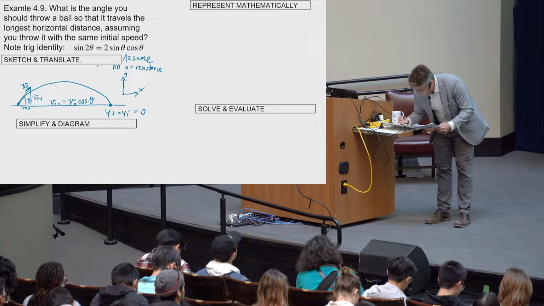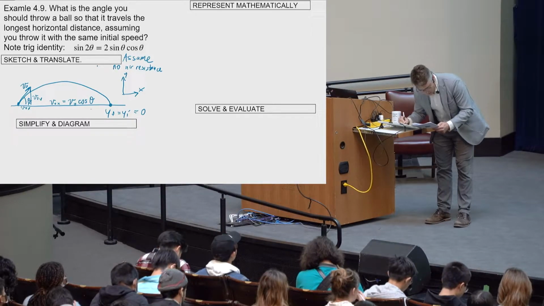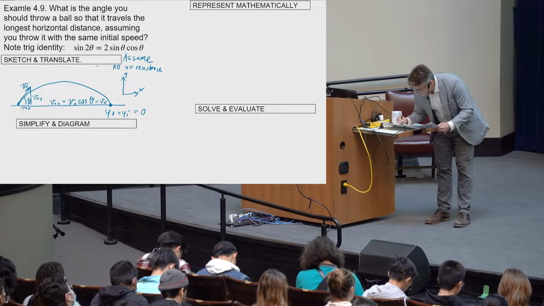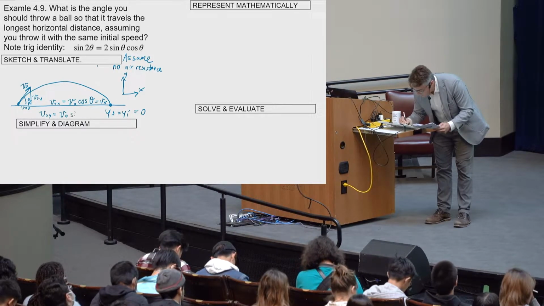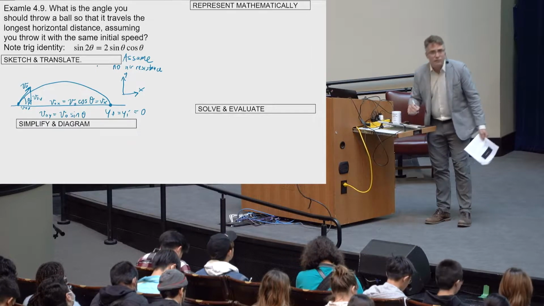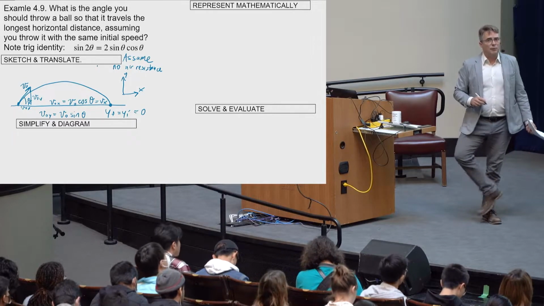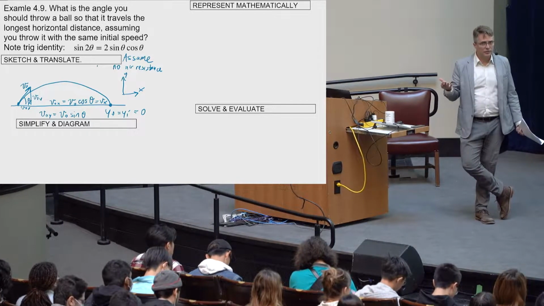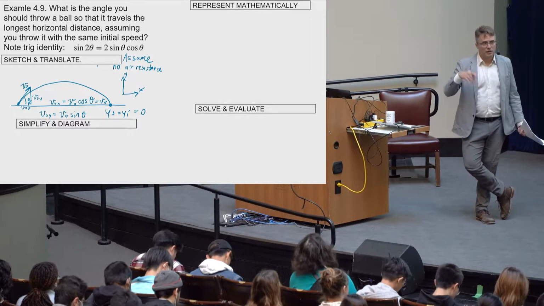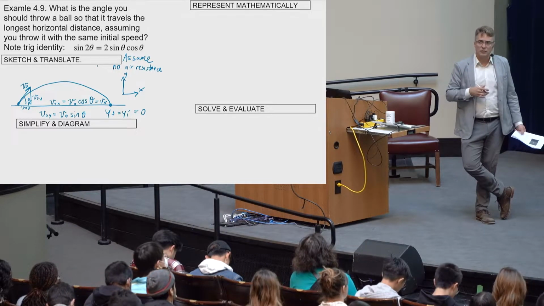I'm not going to go through the whole right angle triangle, but I can tell you that. And that's just constant vx. And v0y is v0 sine theta. So I'm getting that from analyzing a right angle triangle in which the initial velocity is the hypotenuse. And then there's the opposite and adjacent. You have to figure out the components.